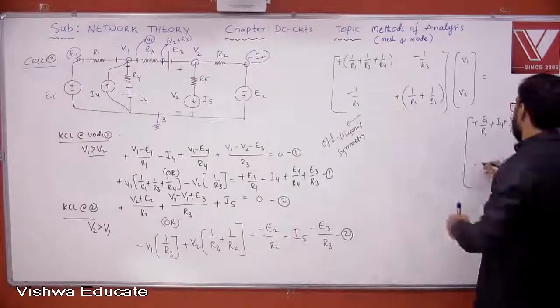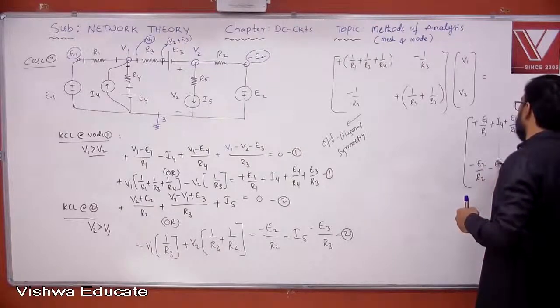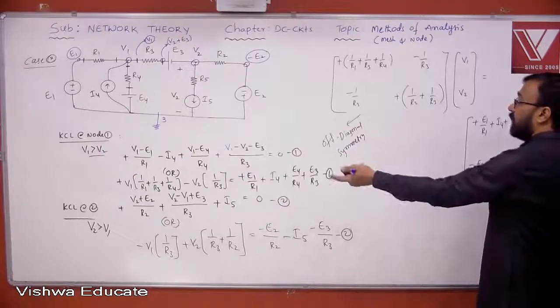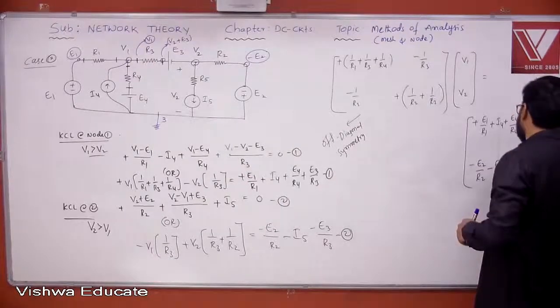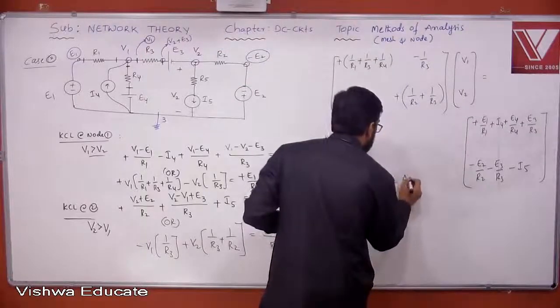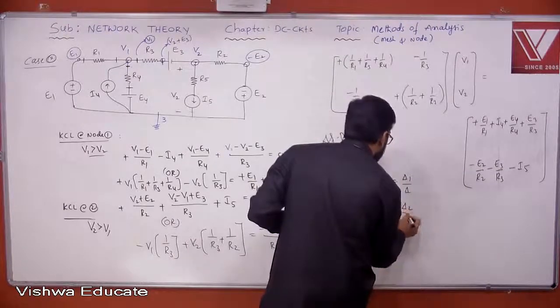Next, here, minus E2 by R2, minus E3 by R3, and the leaving current I5 is plus that side, but this side you are sending it, so minus I5. That's it. Please note down, all of you: V1 is equal to delta 1 by delta and V2 is equal to delta 2 by delta.